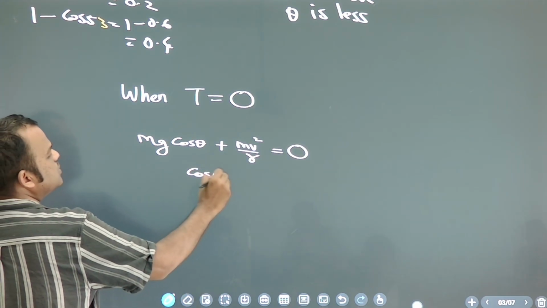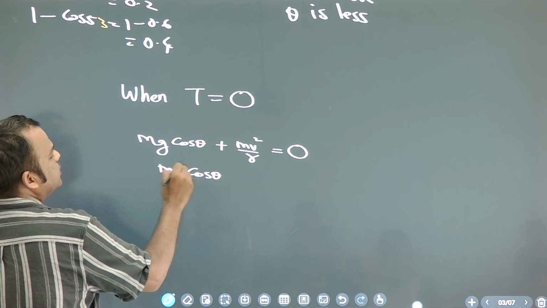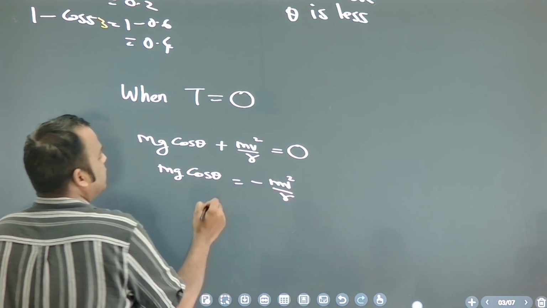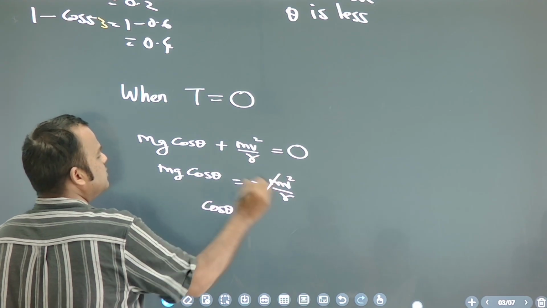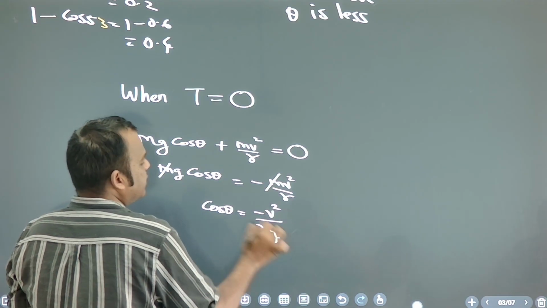So what is cos theta? mg cos theta equals minus mv square by r. Cancel m. So cos theta is minus v square by rg.